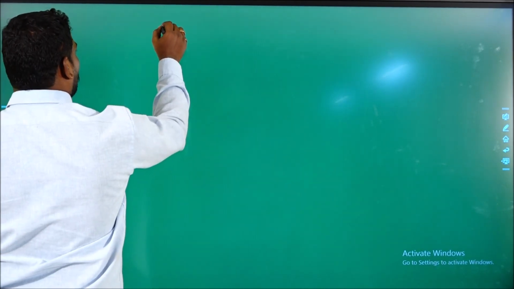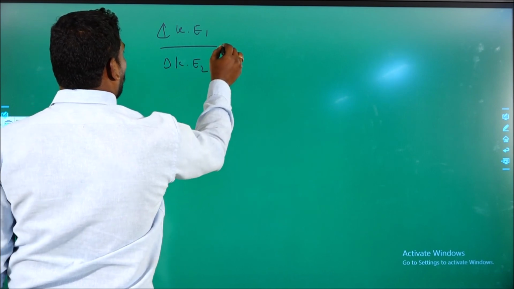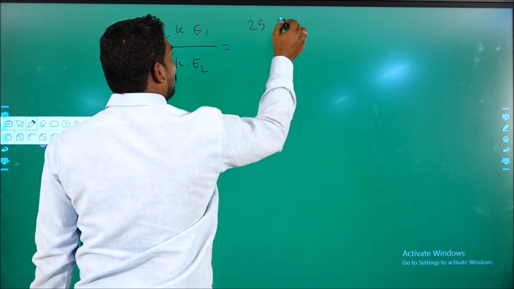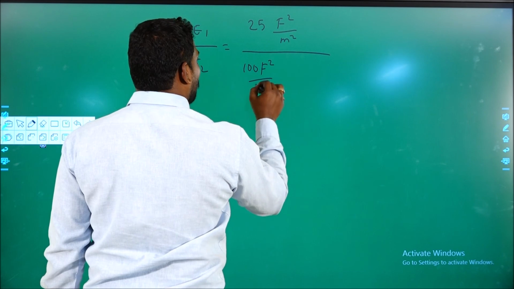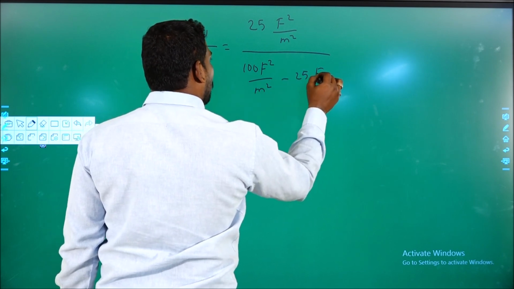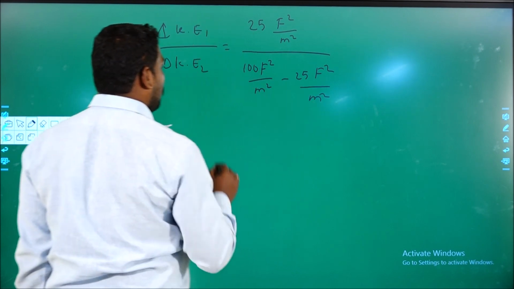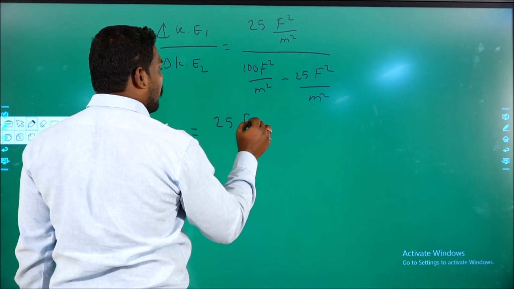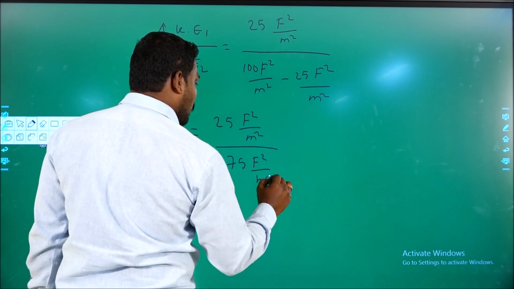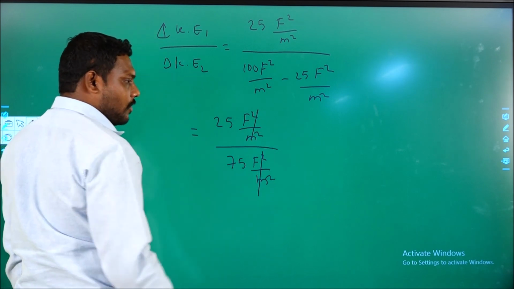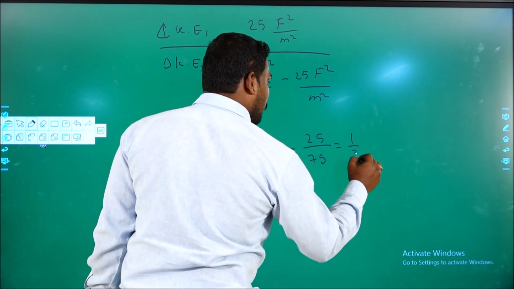So finally the change in kinetic energy of first body to the change in kinetic energy of second body is equal to 25 f square by m square by 100 f square by m square minus 25 f square by m square. Now 100 minus 25 will be 75, so 25 f square by m square by 75 f square by m square. Now f square by m square gets cancelled, so it will be equal to 25 by 75, which is equal to 1 by 3.